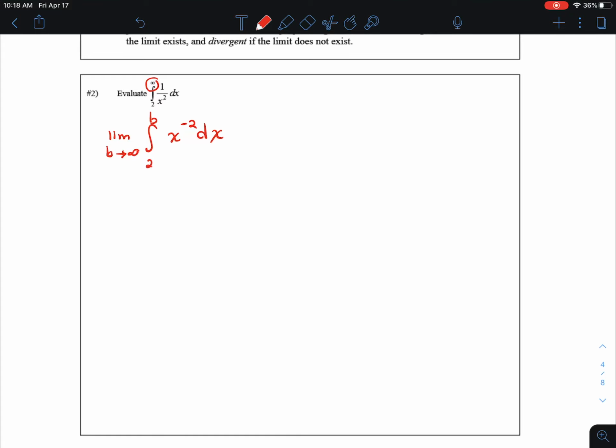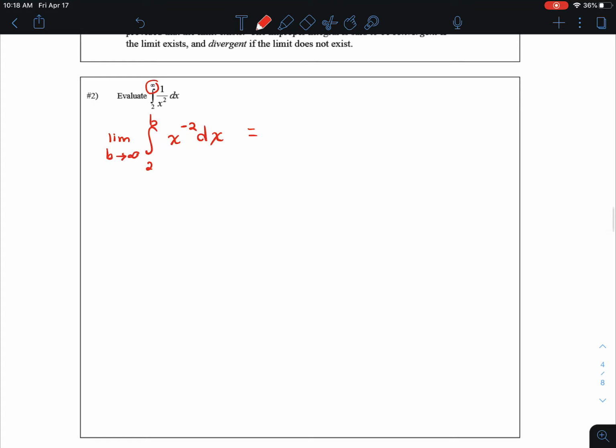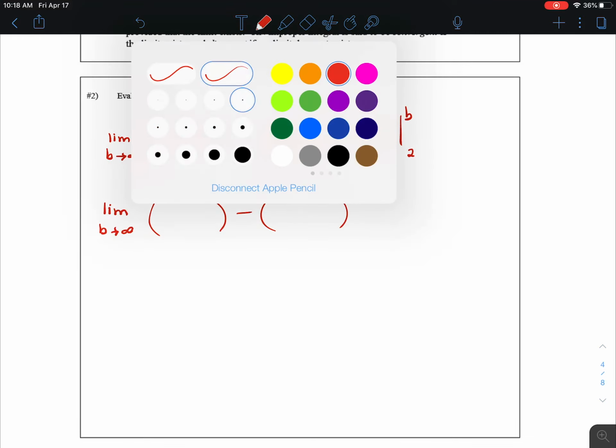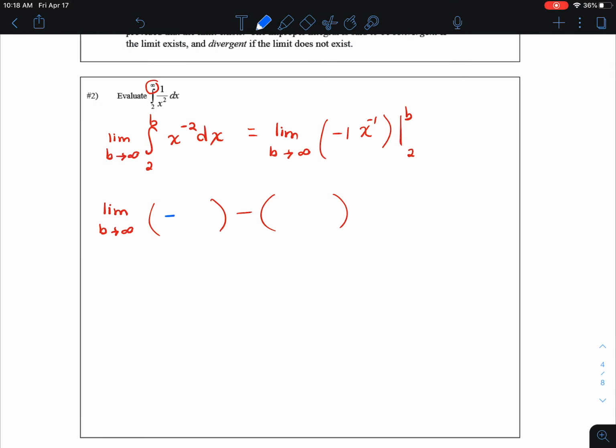I'm going to pull that x squared up to the top. I'm going to keep writing the limit as b approaches infinity. I'm going to do the integration, adding 1 to the exponent, multiplying in front by the reciprocal. Again, writing the limit notation, and then I'm going to plug in like we normally do here. We plug a b in for the x, and then we plug a 2 in for the x.